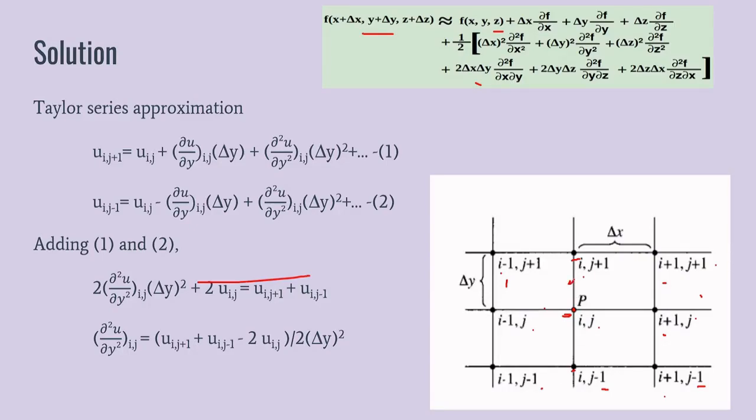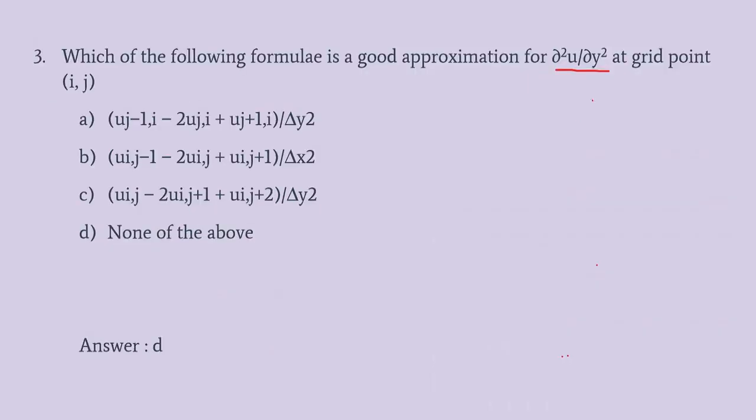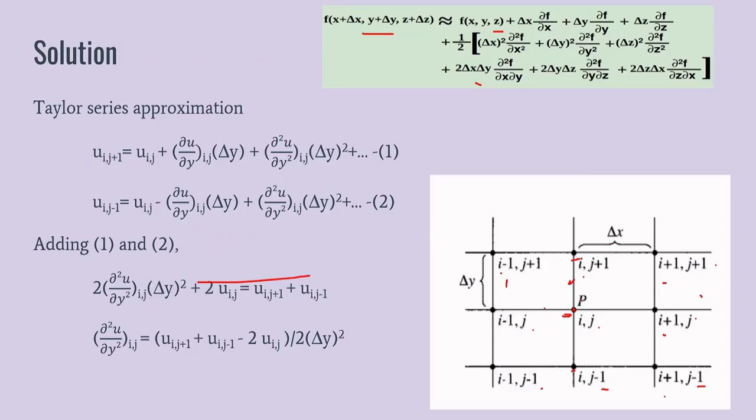So I'm traveling in y because our question is in y direction, dou square u by dou y square. So I am taking, suppose I am traveling in plus y direction and minus y direction. So here in plus y direction, the point will be u i j plus 1, this point.